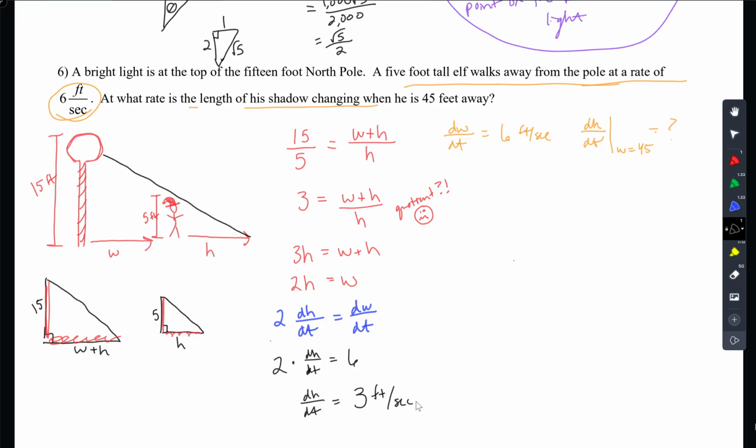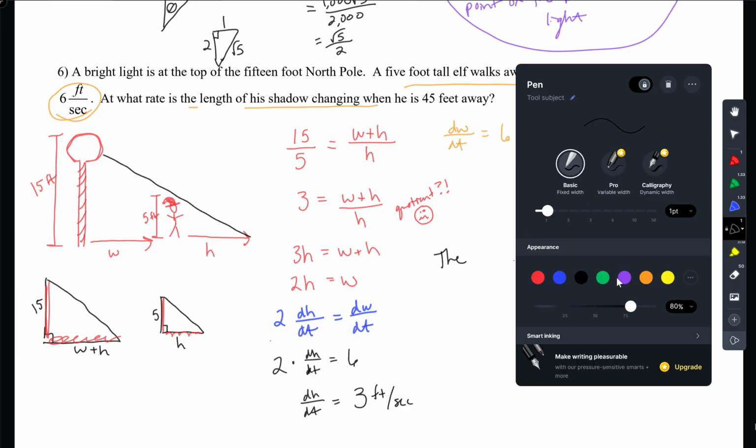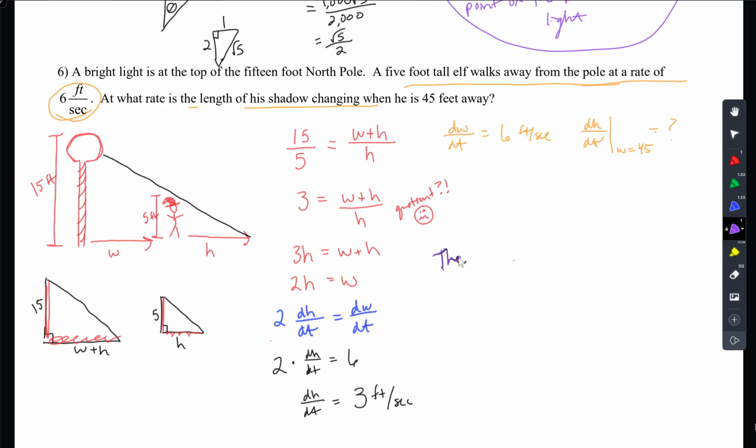So then you would say the elf's shadow is increasing at a rate of 3 feet per second when he, or she, let's do he, I didn't draw hair.